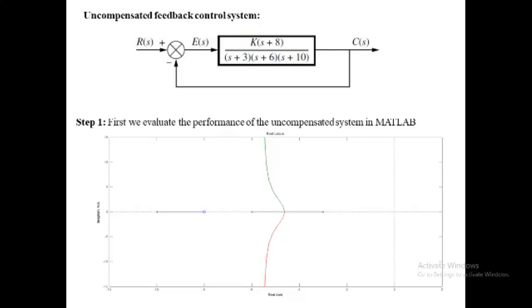Third, simulate the system to be sure all requirements have been met. Next, redesign if the simulation shows the requirements have not been met. Then, design the PI controller to yield the required steady state error.